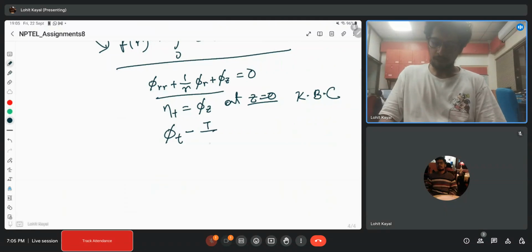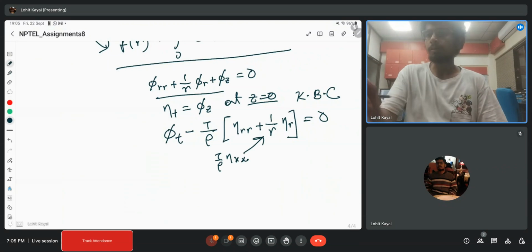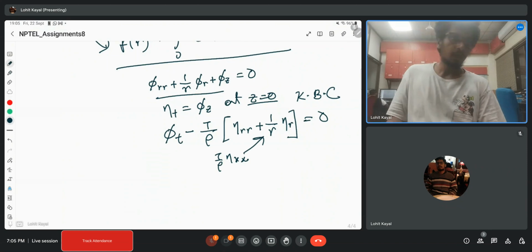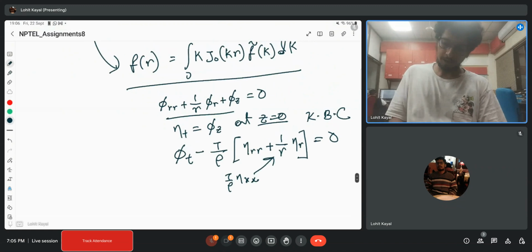Remember, just go through the lecture notes of the last class. You will find that for the Cartesian case, this term was T by rho eta xx. So this is the cylindrical counterpart in cylindrical geometry. So we only need these three.